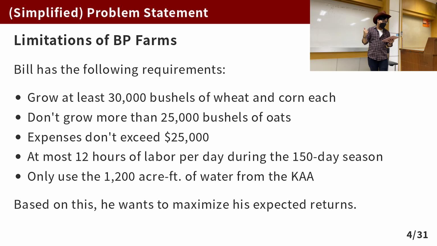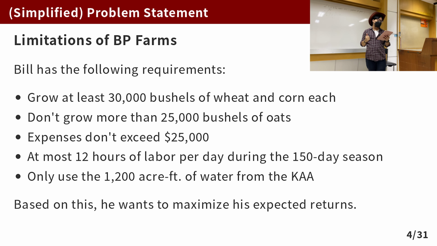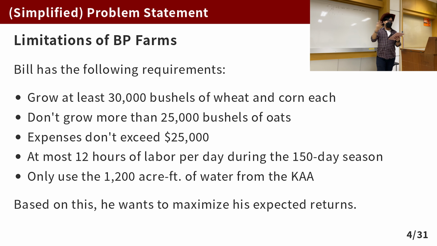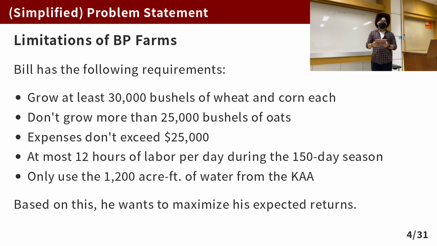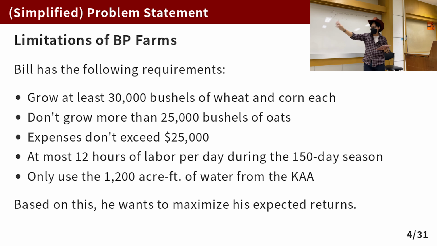Number one is he has to grow at least 30,000 bushels of wheat and corn each, and he also doesn't want to grow more than 25,000 bushels of oats. And because he only has 25 grand in his wallet, expenses cannot exceed that amount. And he's a very hard worker, so he's willing to work at most 12 hours of labor per day during the 150-day season.